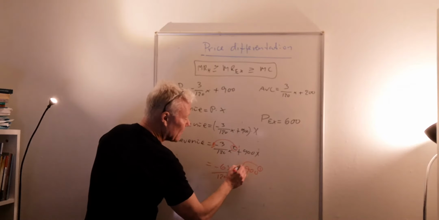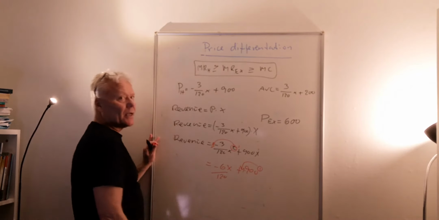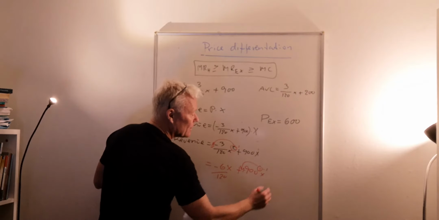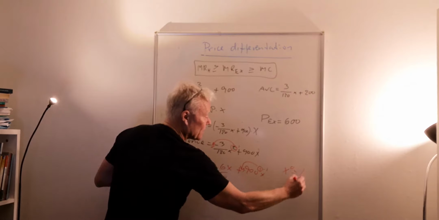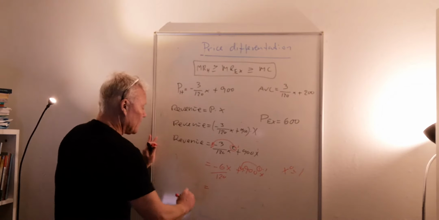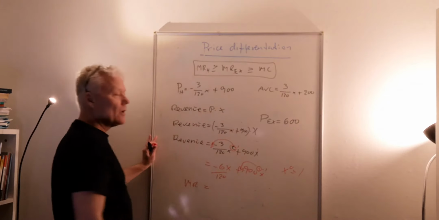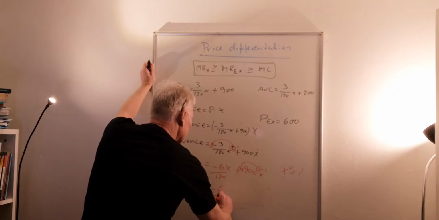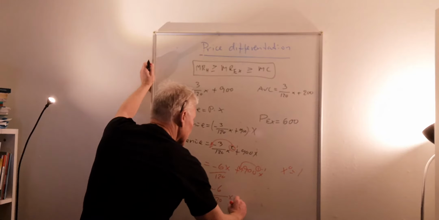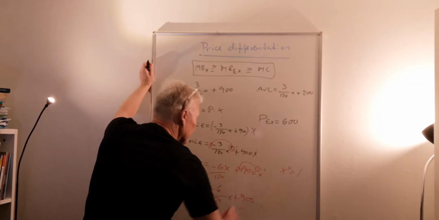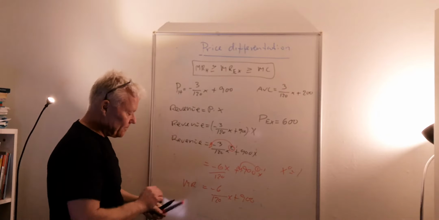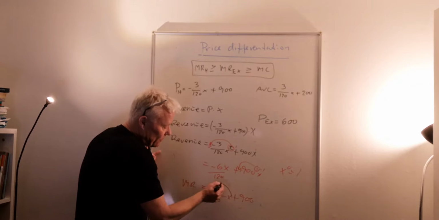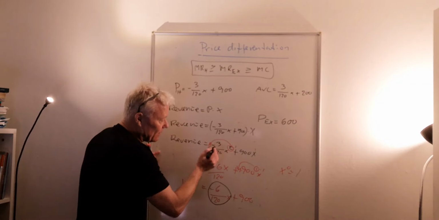Put it down in front and multiply it with 1 times 900. That gives you 900 x to the power of 1 minus 1, which gives you x to the power of 0, which is equal to 1. So the marginal revenue for the whole market is minus 6 on 120 x plus 900. So here you can see, because it's a parabola or x squared function, it falls twice as fast as that one.